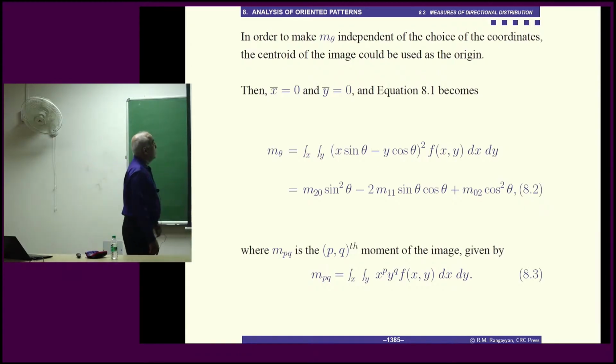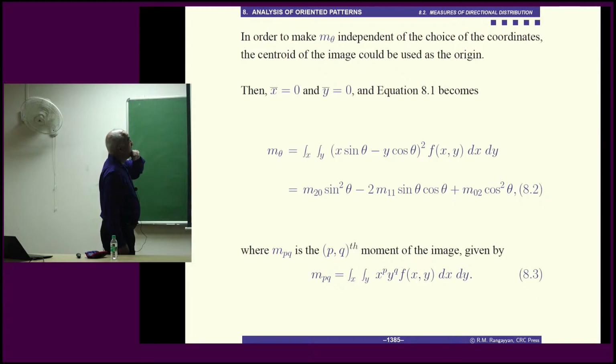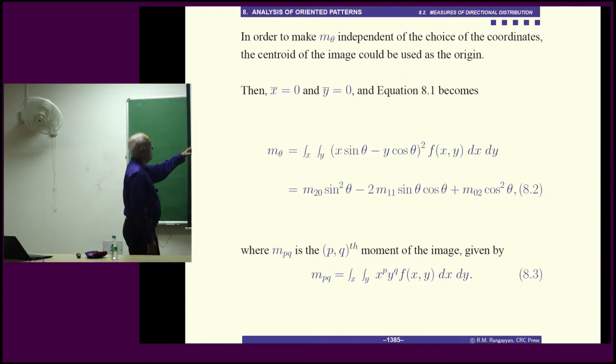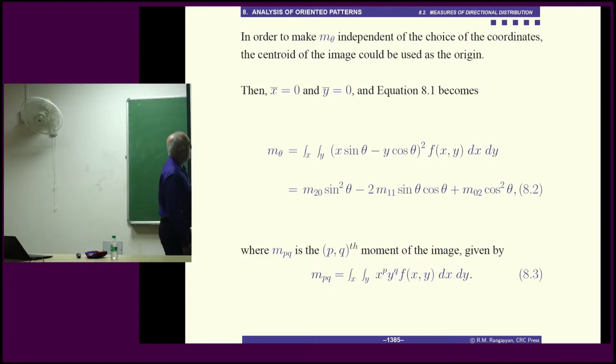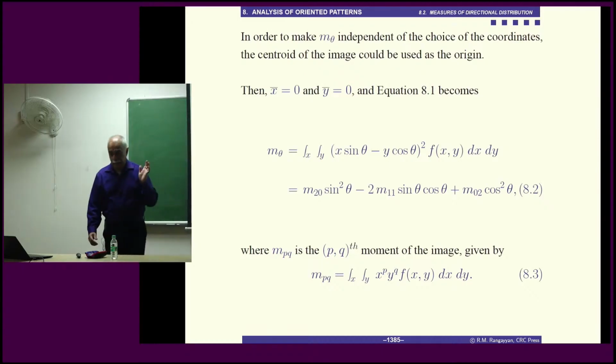To make M theta independent of the choice of coordinates, you could let x bar, y bar be 0, and then you get this equation. Expand the square, and you get the second moments m20, m11, and m02. M_pq is the pqth order moment, as we have seen before.